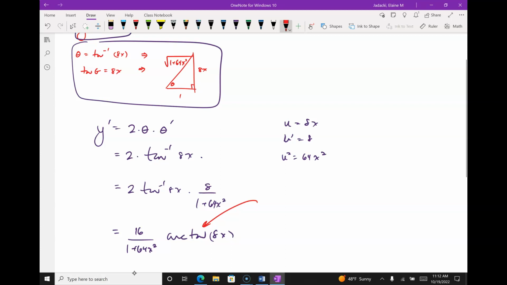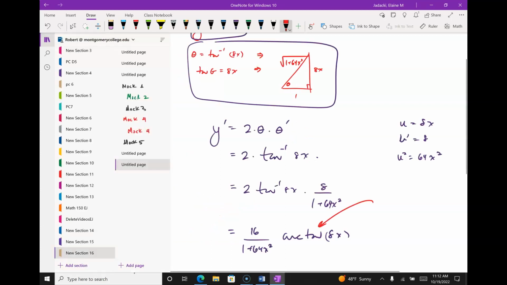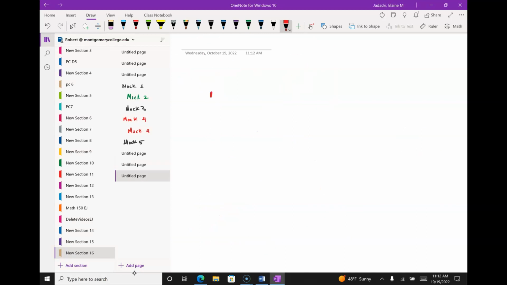Yeah, but this one is just nasty. Just the algebra is nasty on this one. I think we did this in class, didn't we? Inverse tan of x minus square root of 1 plus x squared. The algebra is just hideous. You're going to need a conjugate. It's just horrible.